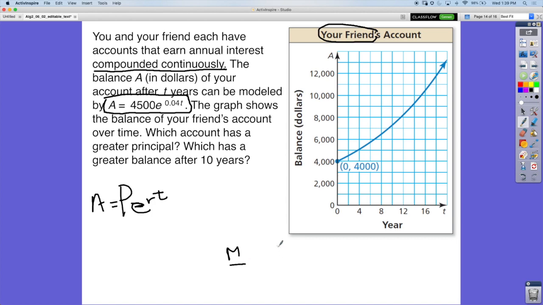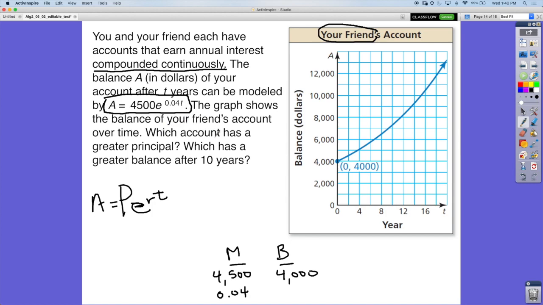This is me, and this is my buddy. I started with $4,500. How much did my friend start with? $4,000. Good. What is my rate here? 0.04, which is 4%. Good. And we don't know your rate yet.